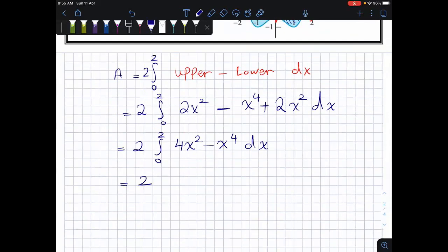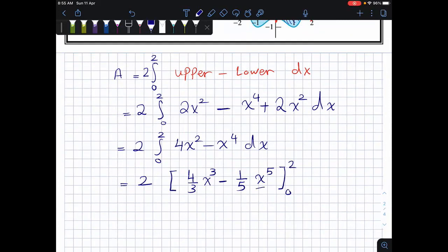Equal 2, and integrate. Make brackets like this, and then the integral here: 4 over 3 x to the power of 3, adding 1 to the exponent and dividing by the new exponent. Add 1 to 4 and divide by the new exponent. Then close your bracket and substitute from 0 to 2.